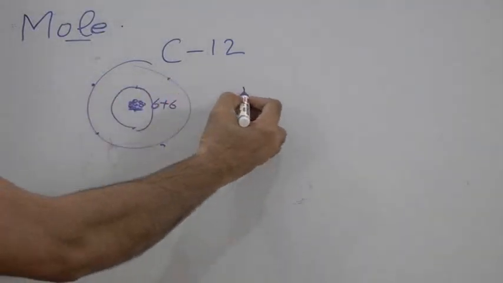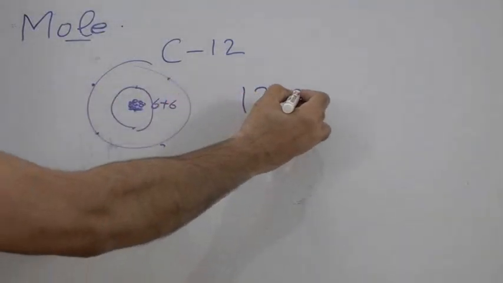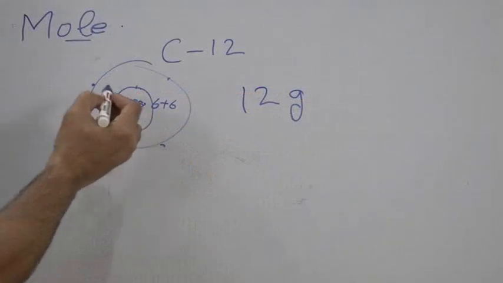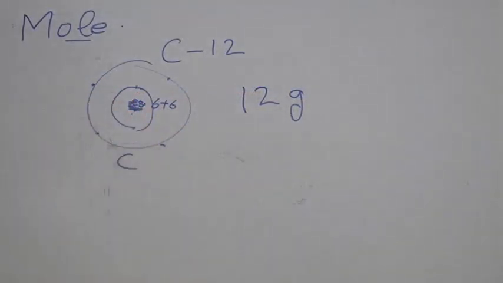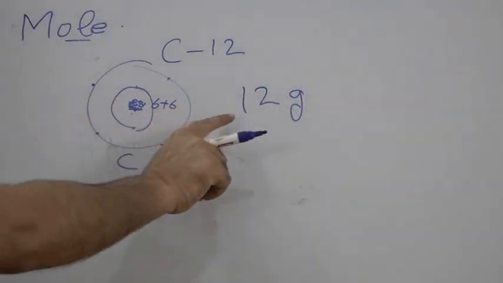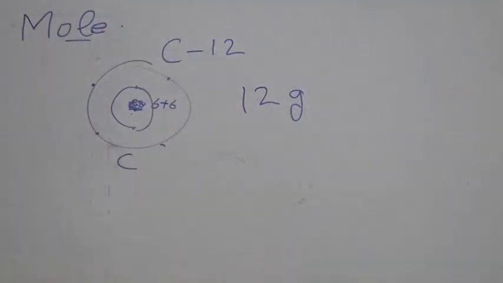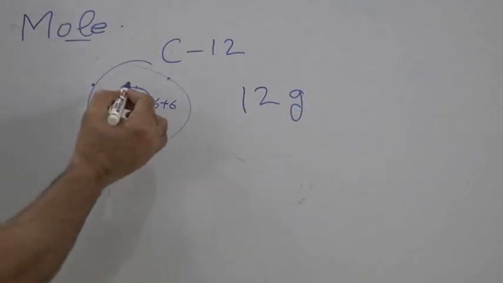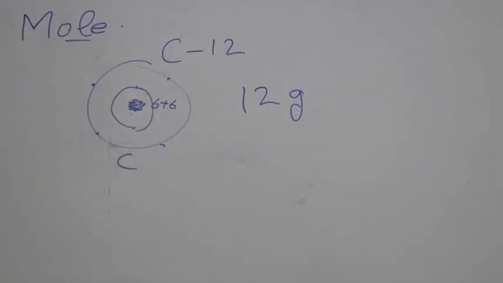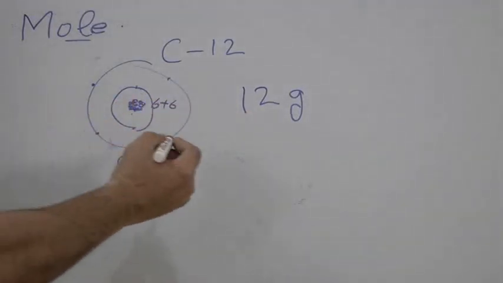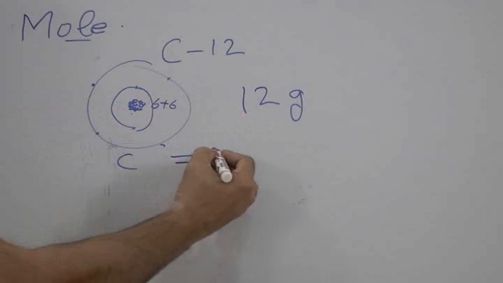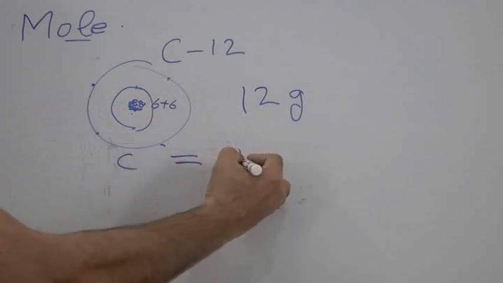And if we take exactly 12 gram of this carbon isotope, then the number of carbon atoms present in 12 gram of C12 would be exactly equal to 1 mole.